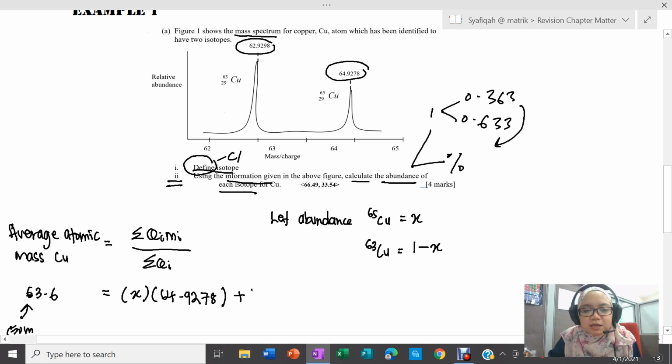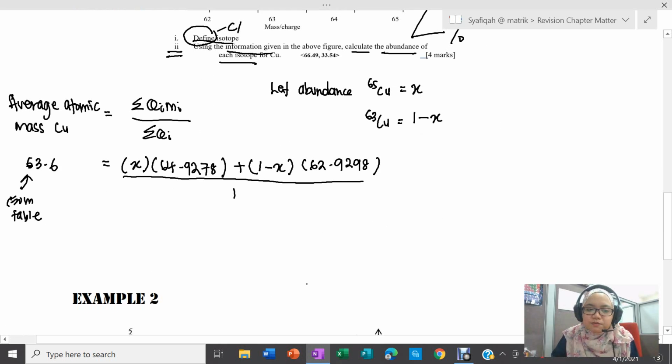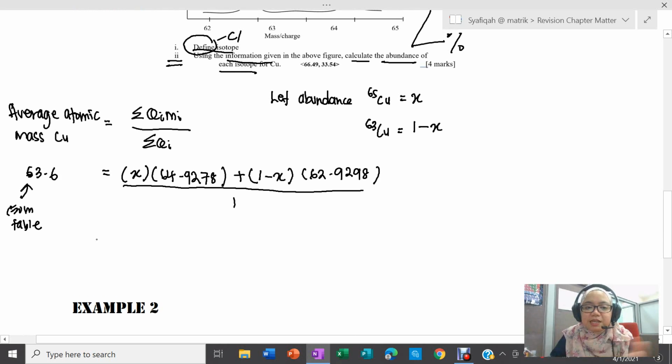Okay, and then plus dengan the Q, the abundance for 63 copper is 1 minus X. So 1 minus X times 62.9298. Okay, and then divide by, okay, total Q 1. Kalau you buat dalam percentage abundance, total Q dia 100%. Okay, so you expand dia macam biasa.